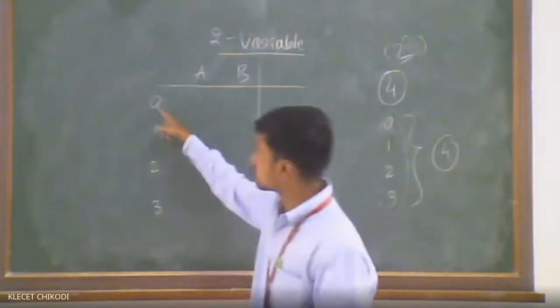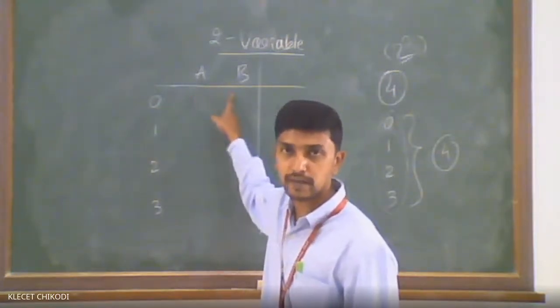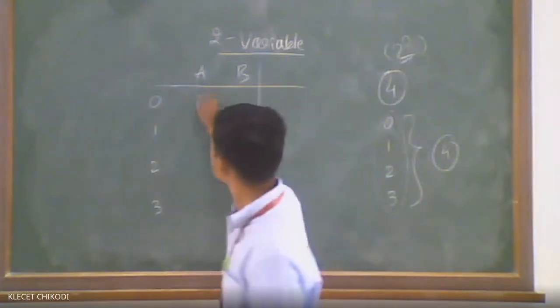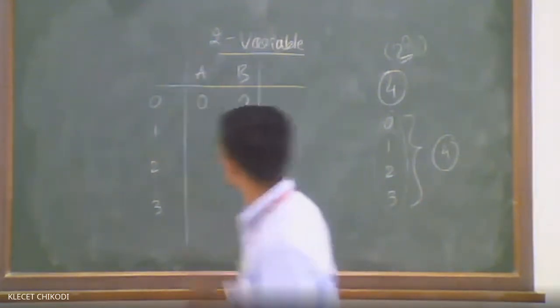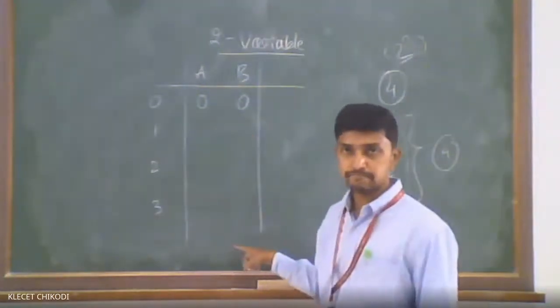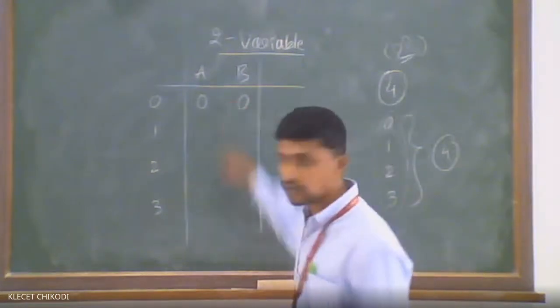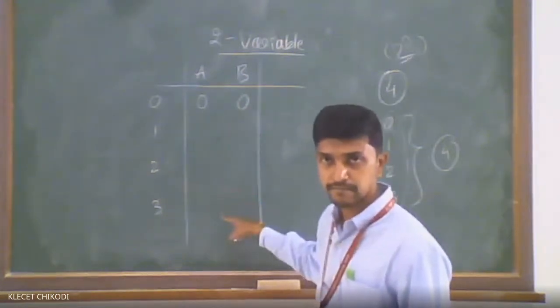Now, what is the binary equivalent for 0? Considering 2 variables A and B, it will be 0, 0. These are the binary numbers I am writing here, with only zeros and ones.